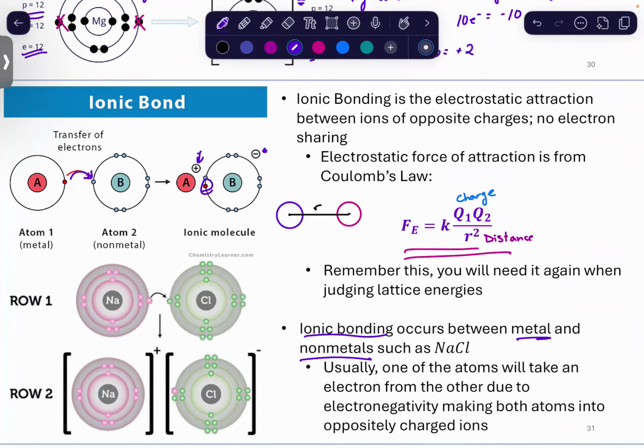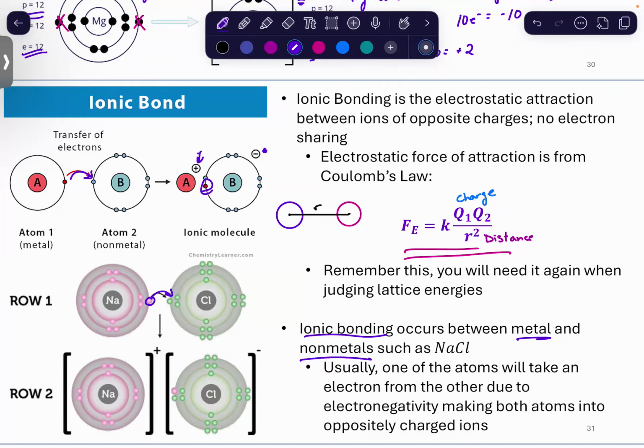One of the big reasons for that is going to be electronegativity, which, again, is another term for you to get into your head. Electronegativity is how strongly an atom pulls on electrons. Here you see sodium and chlorine. Chlorine is much more electronegative than sodium, so it's going to pull that electron off sodium and towards itself.